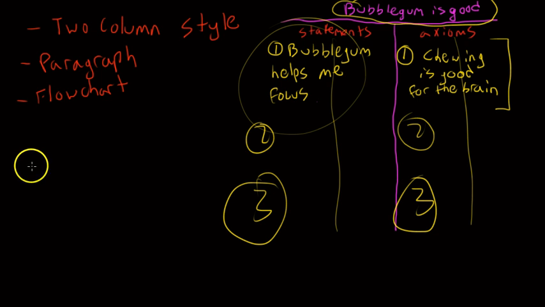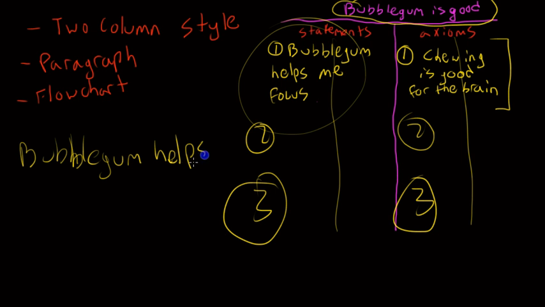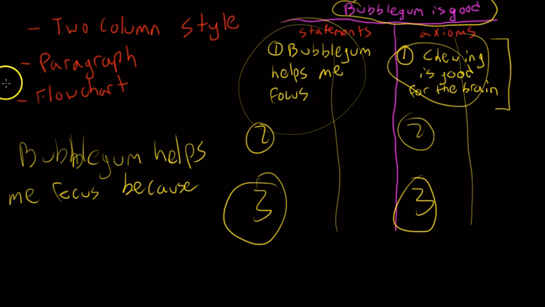But there's also a paragraph proof, which is really easy. Instead of just separating it into two columns, you just write bubblegum helps me focus because, and then you'd list what's on the axiom side.